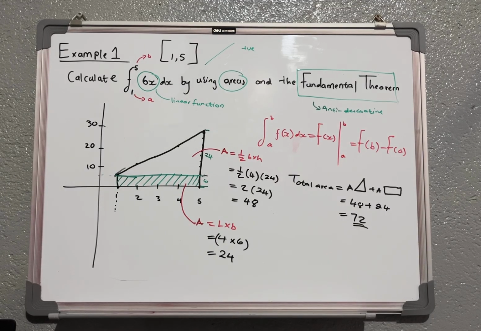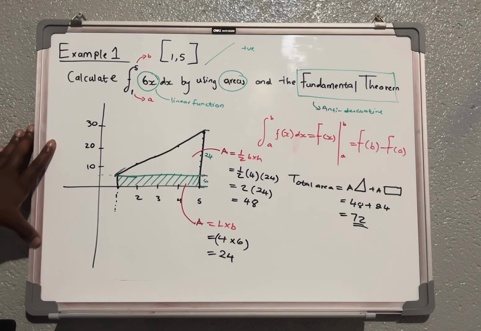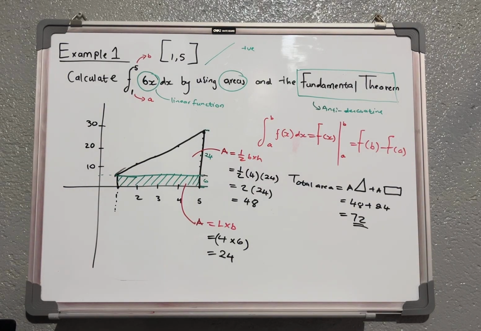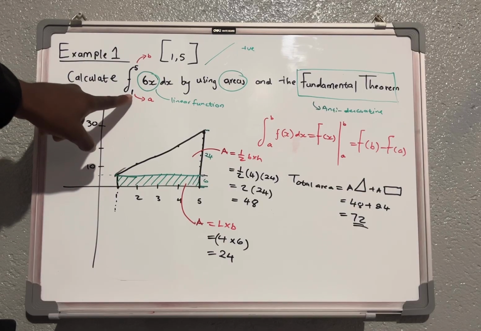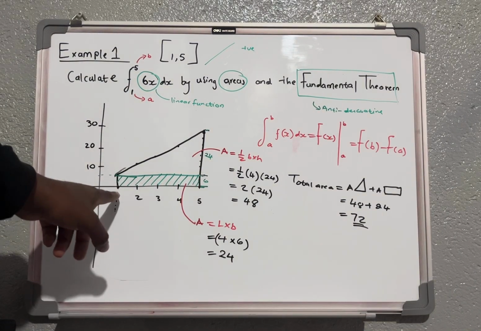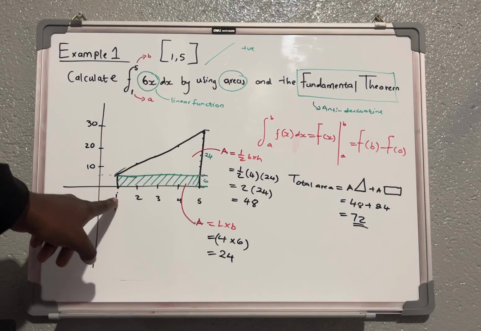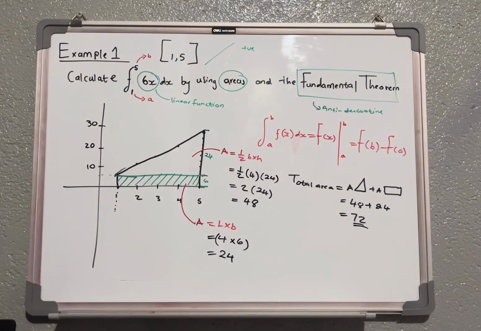So now suppose that we are supposed to use the fundamental theorem. I just hope that the first method was clear and understandable. Remember, what did we have to do? We checked the region by checking our integral, from 1 to 5.